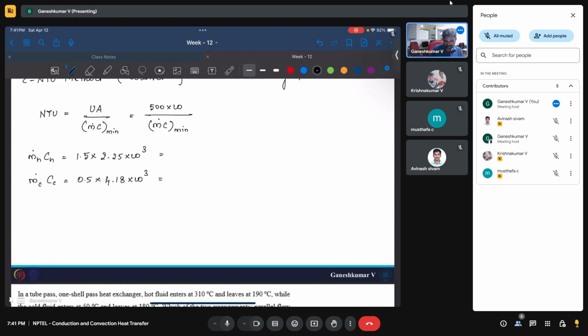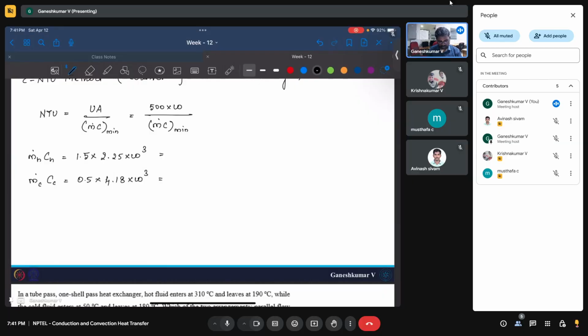From just the numbers we can say it's going to be m dot C C C. This is like 4.18 by 2, but here it's going to be 2.25 times 1.5, so it's going to be larger than this. But anyway, we'll calculate it once.